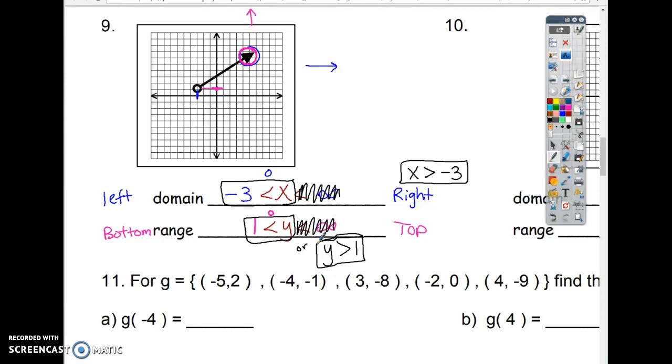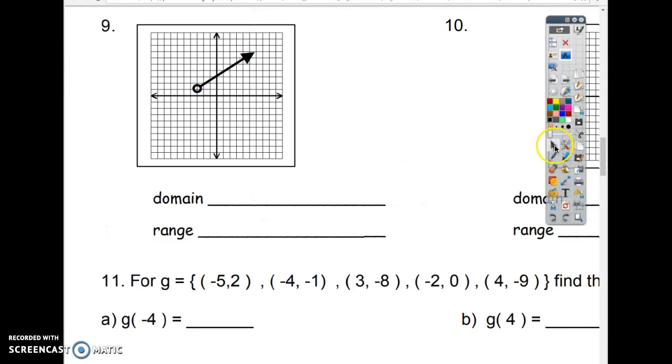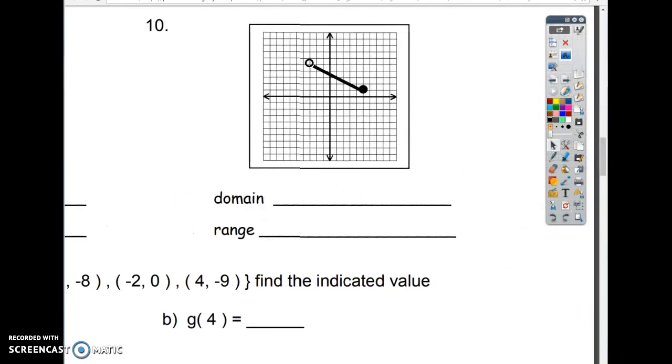Okay, and the last one, number 10, quickly. Domain is your x. And range is your y. So we're going from left to right, and from the bottom to the top.